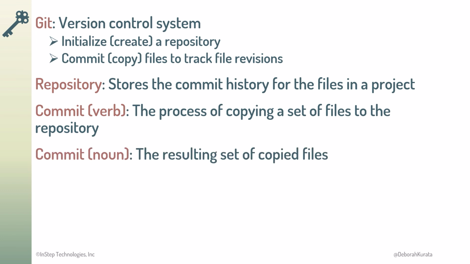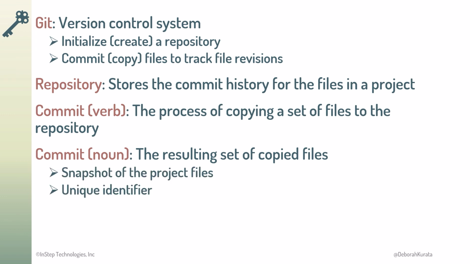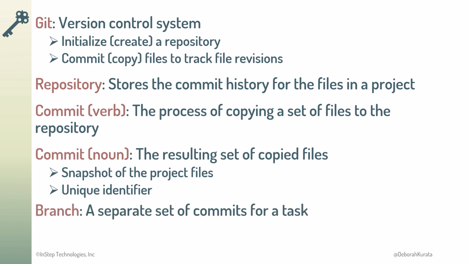As a noun, the commit is the resulting set of copied files. Each commit contains a snapshot of the project files and a unique identifier which is generated from the commit. A branch is a separate set of commits for a particular task, such as a feature, change, or issue. Now we know what Git is, but how do we use it?